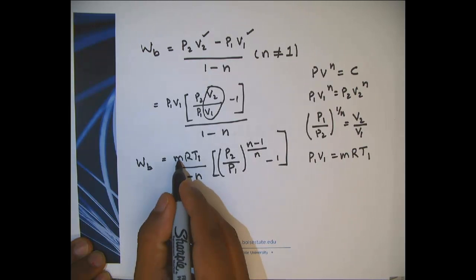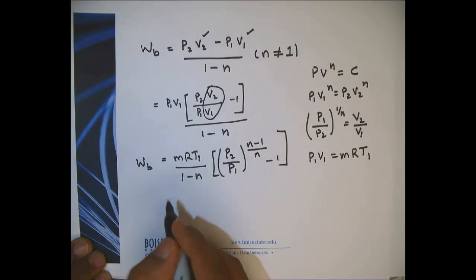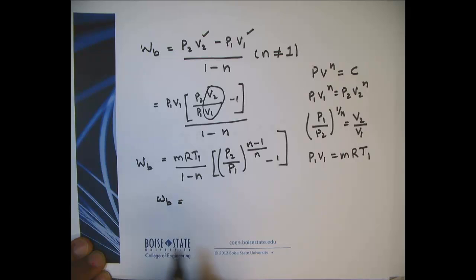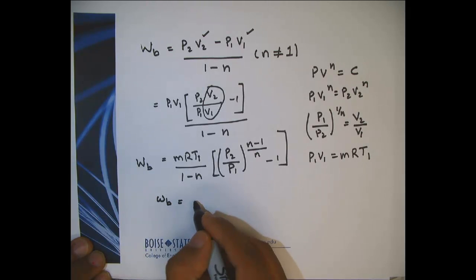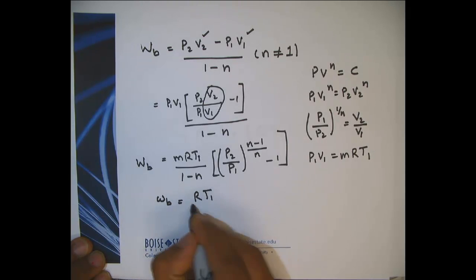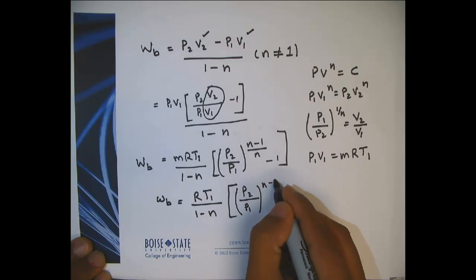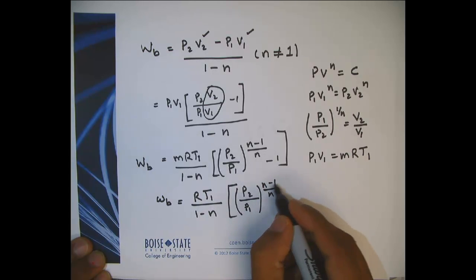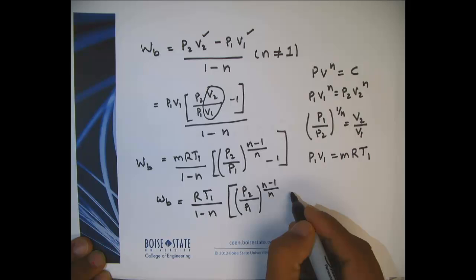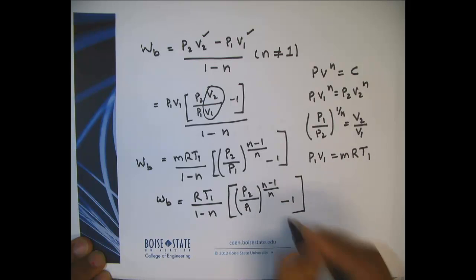So if I take the m to the denominator here, it gives me the small w_b, which we need, or P1 over 1 minus n, P2 over P1 raised to the power of (n minus 1) over n, minus 1.